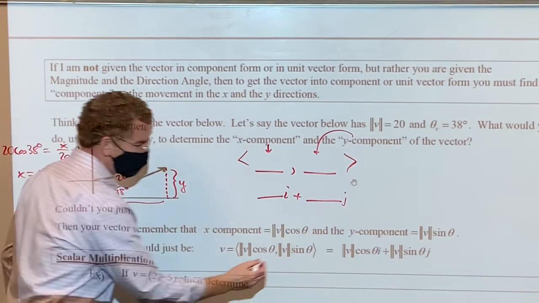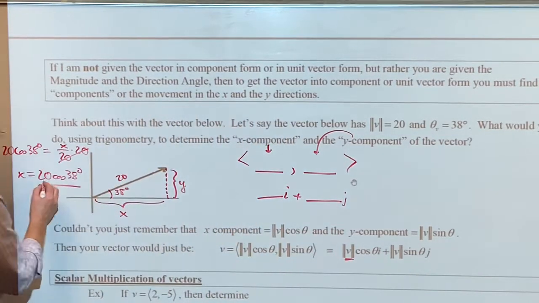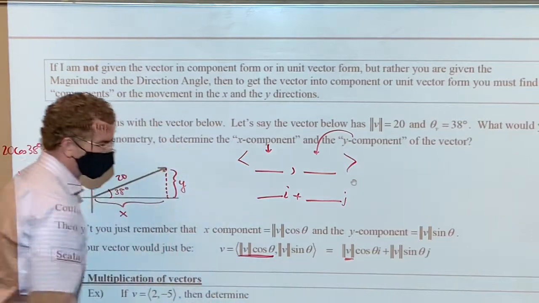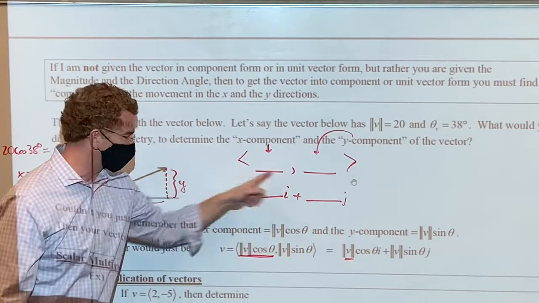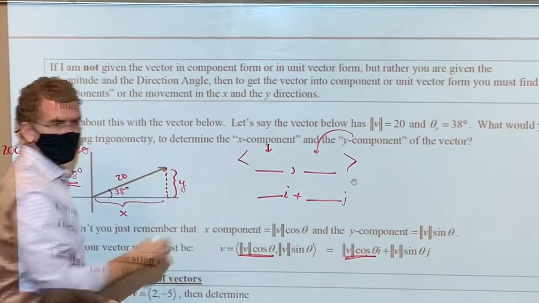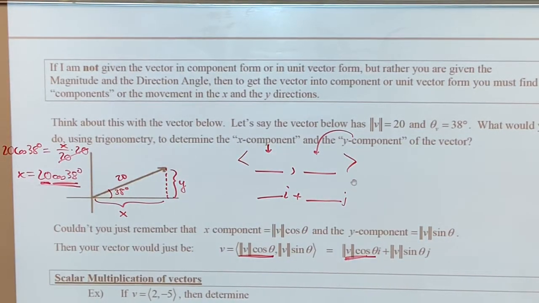The magnitude is the 20, times the cosine of the angle, and you can see it right there, whether it is in this form with the brackets, or in this form with the i. Does that make sense? Now hopefully you have this part from the unit circle down.